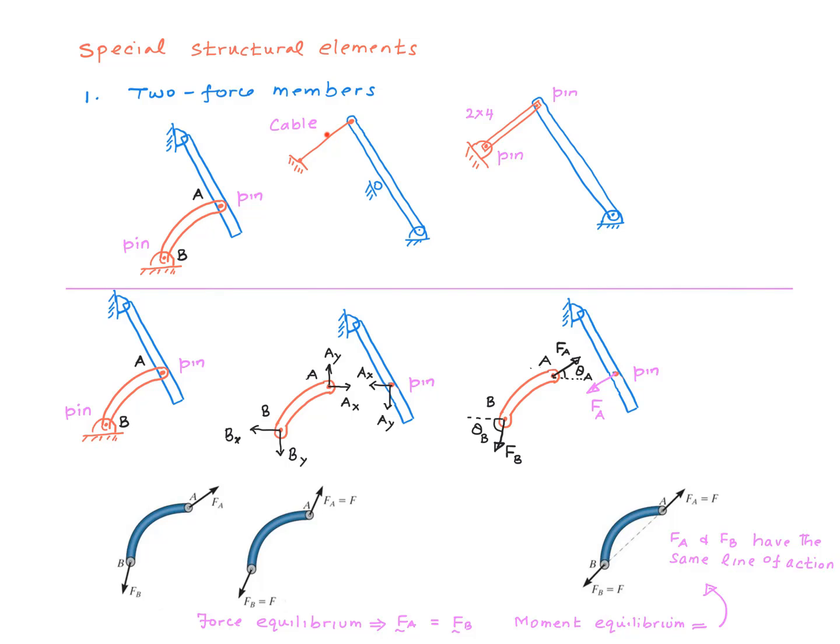And the direction of the force in the cable is in the direction of the cable, and the direction of the force in the third example, where you have a straight 2x4, is in the direction of the 2x4. So this allows us to represent the force at the support in terms of just one unknown.